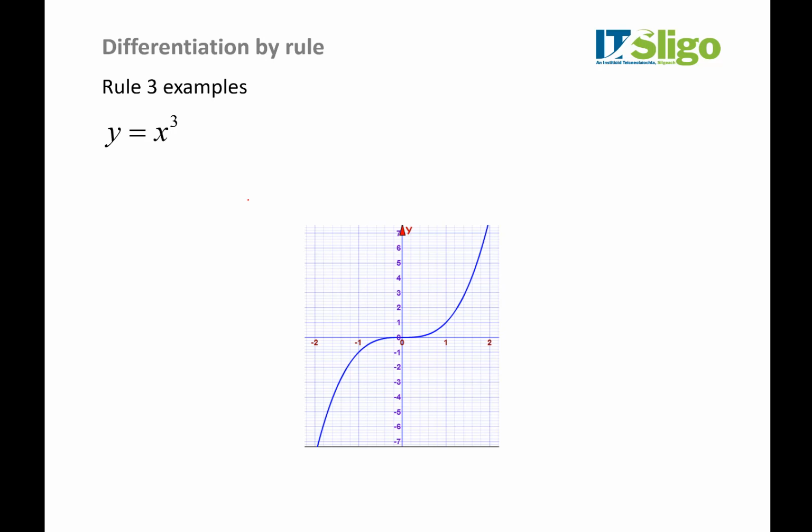I've just thrown up a few pictures of the functions as well to remind you what they look like. Here's our cubic function. It's a simple cubic, so it looks like this. And now when we get the derivative, dy/dx, bring down the power. The x obviously stays, and then we add minus 1 to the old power.